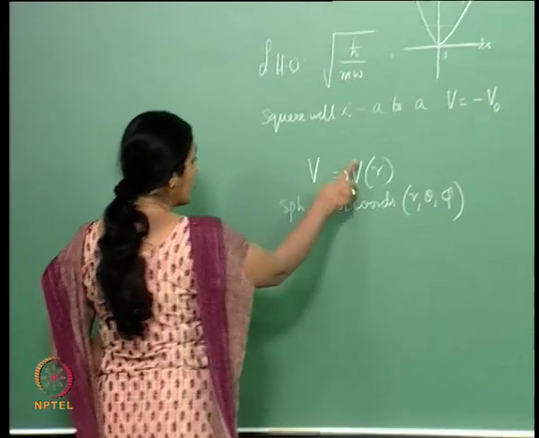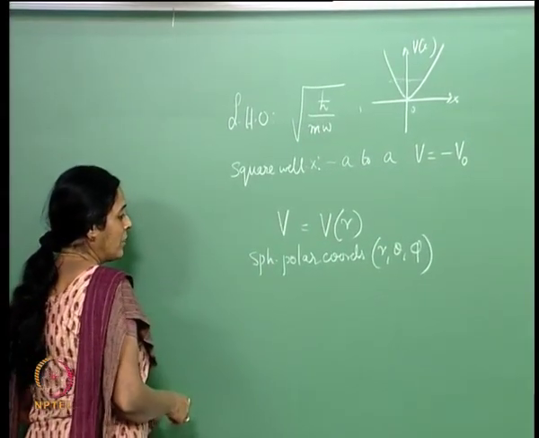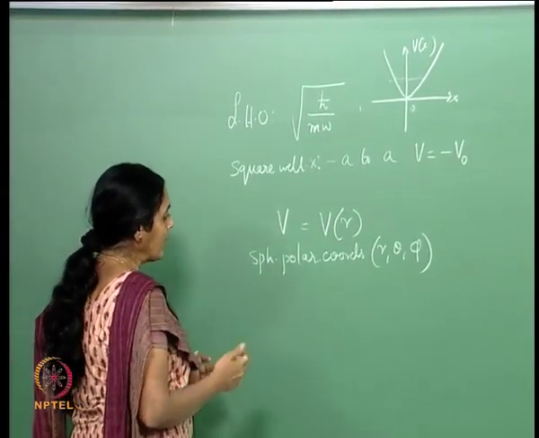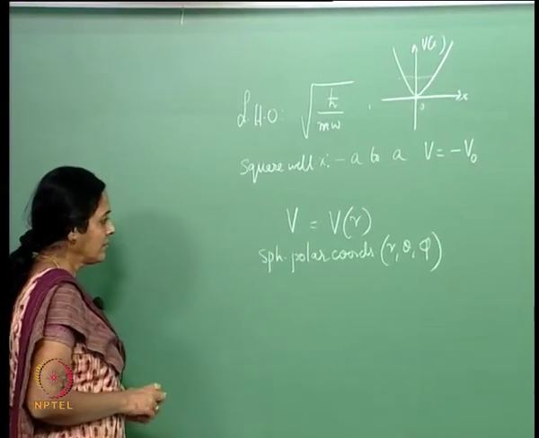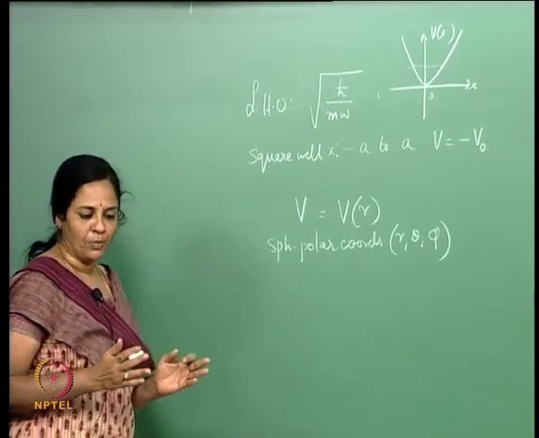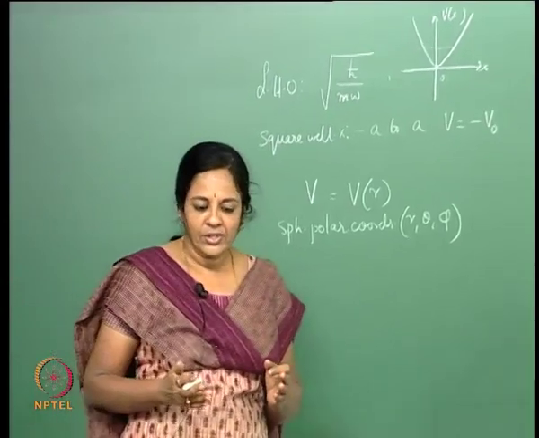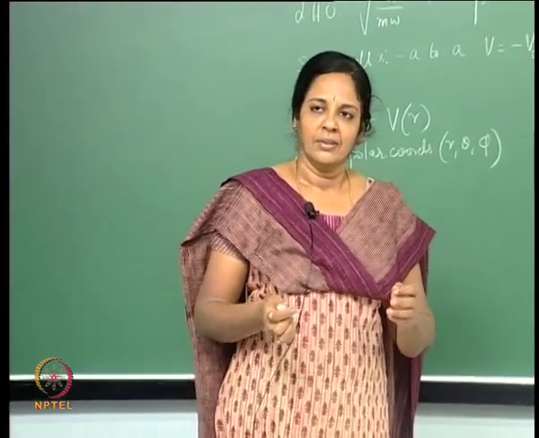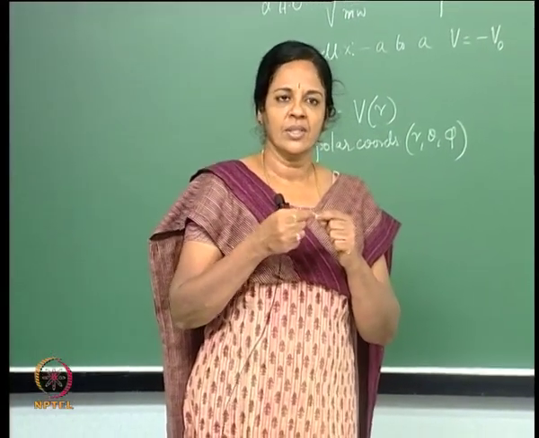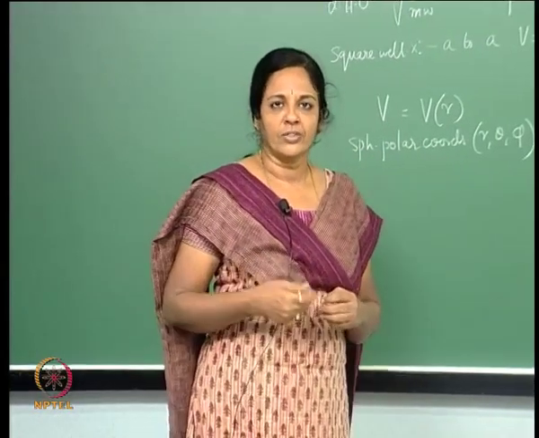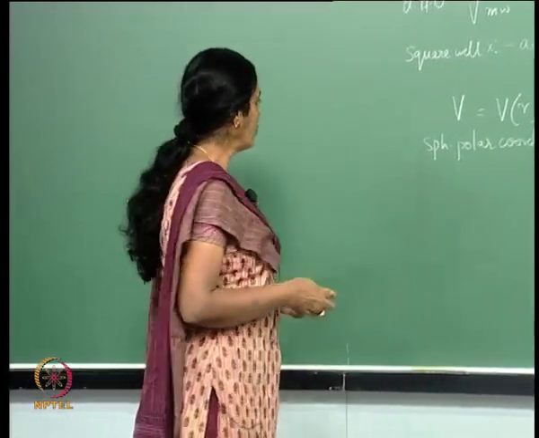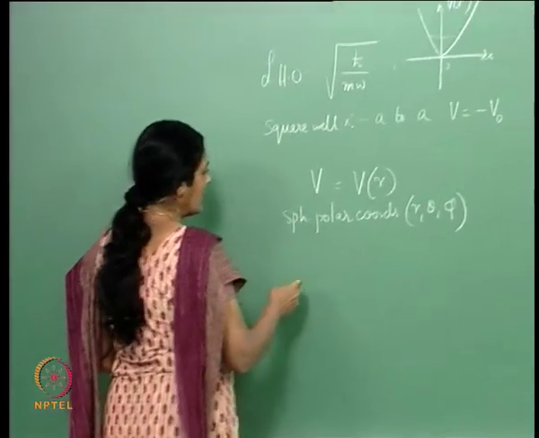So we look at situations like this where we will be dealing with central potentials, a three-dimensional problem. For instance, the hydrogen atom, where there is a proton in the nucleus and an electron outside of the nucleus.